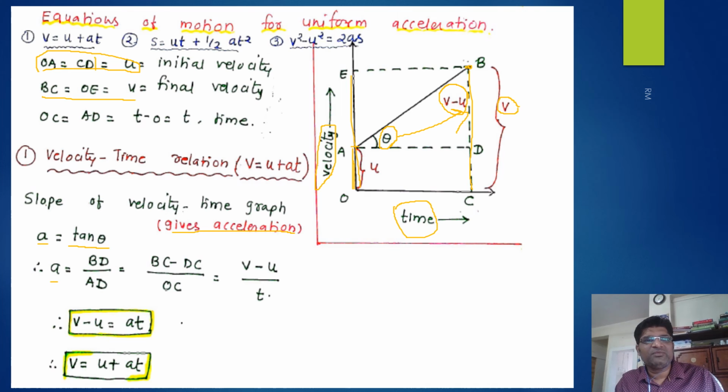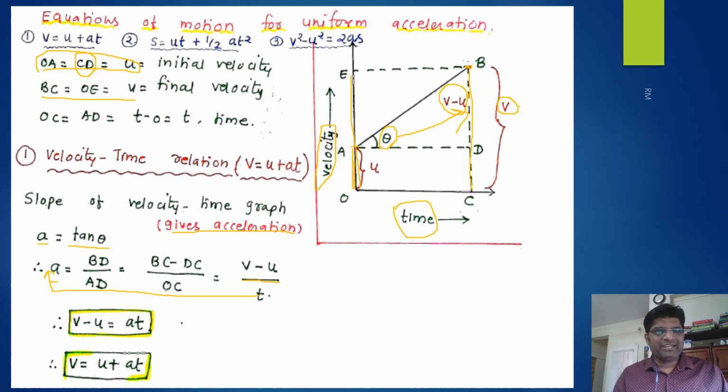Why? Because what was DC? You have seen it from here. It is your initial velocity u, and BC was final velocity v. So that will be v minus u divided by t. Take this t on the other side with a, the equation becomes v minus u is equal to at. Take u on the other side and you will end up having your equation v is equal to u plus at.